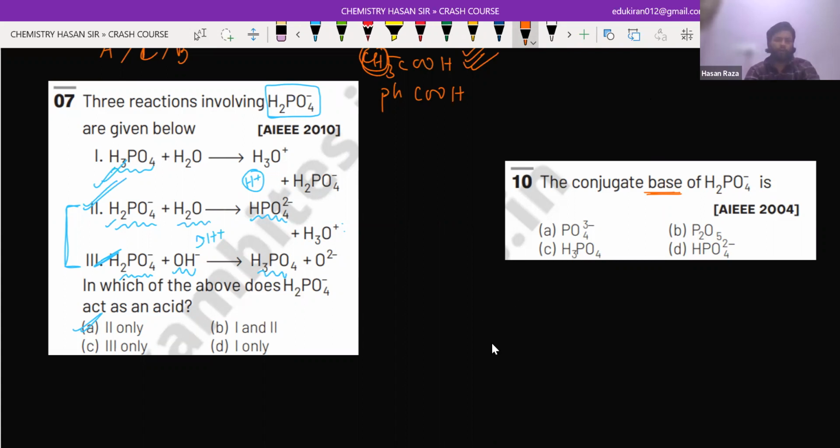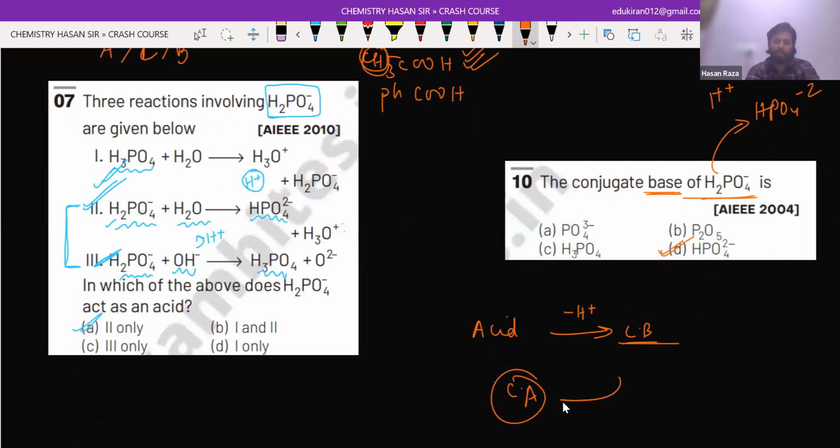Very good. How do you get the conjugate base? It's very easy. If you remove H plus, then you will get the conjugate base. So this is your acid. If you remove H plus, it becomes HPO4 2 minus, and hence the answer is D. If you want to get the conjugate acid, you need to give it H plus. If you want to get the conjugate base, you need to remove H plus. Is that clear, everyone?